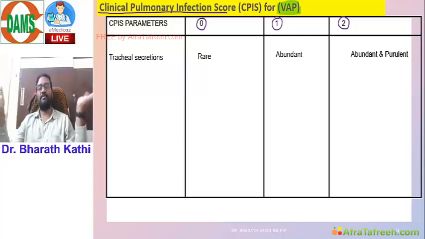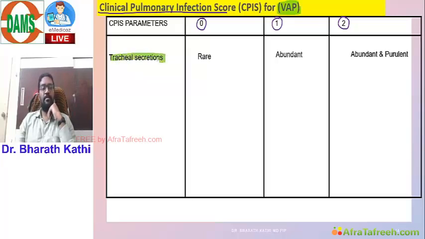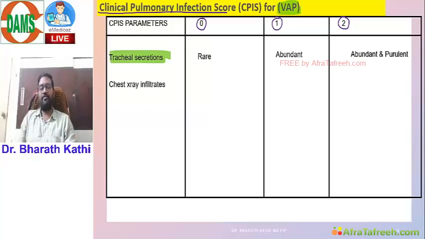Abundant and purulent secretions is bad, so we generally give score 2. So the first parameter that we take in the clinical pulmonary infection score is the tracheal secretions, their consistency and quantity. If it is abundant and purulent, it indicates a bad phenomenon.